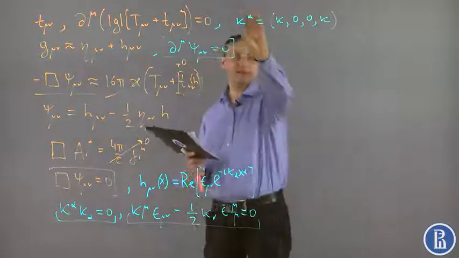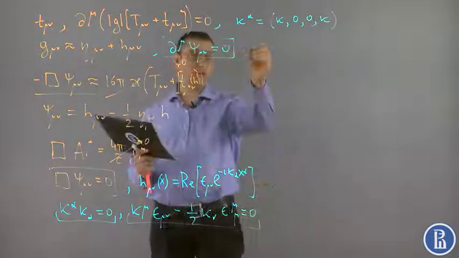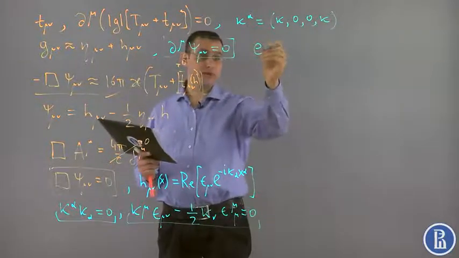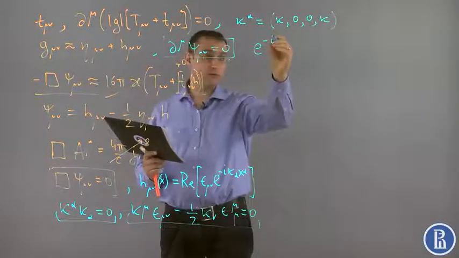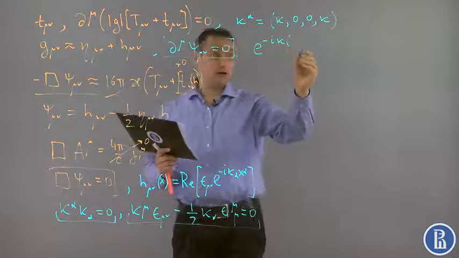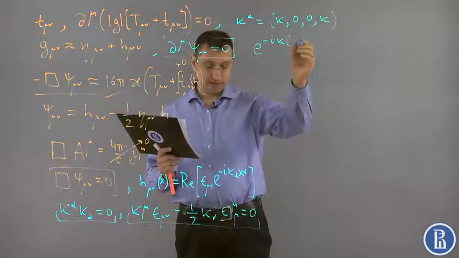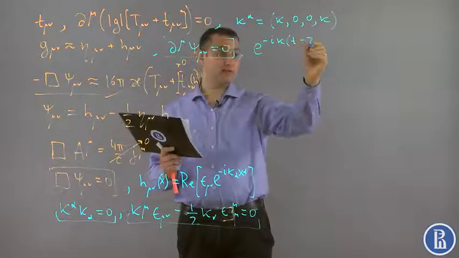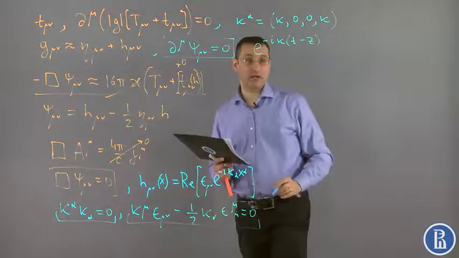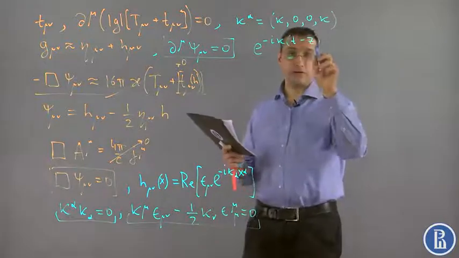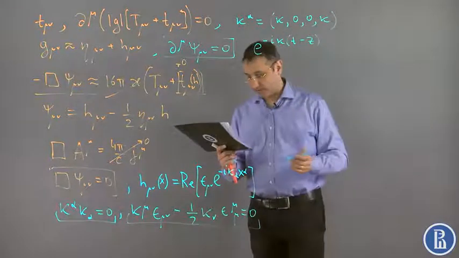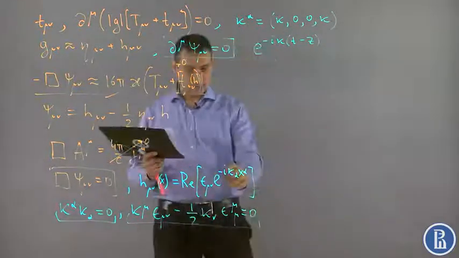If we plug this vector into the exponent, the exponent acquires the following form: k(z minus t), which describes a wave propagating along the third direction with the speed of light. So we just plug it in here.